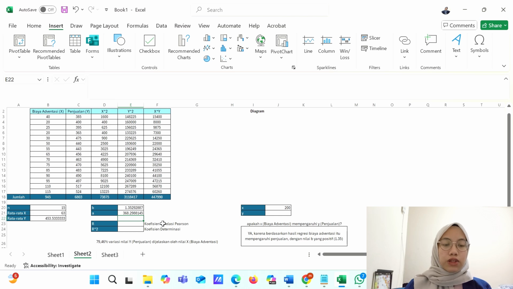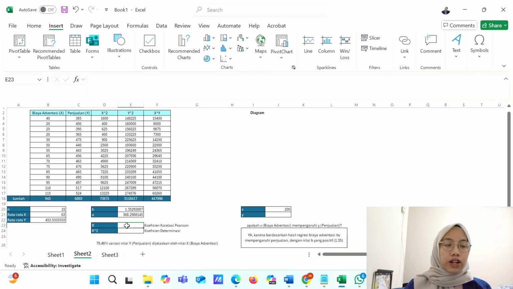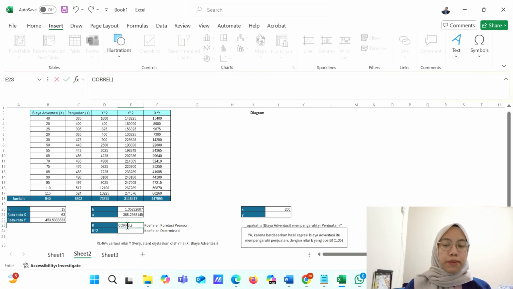Then, we calculate the value of r and r squared using the following formula.